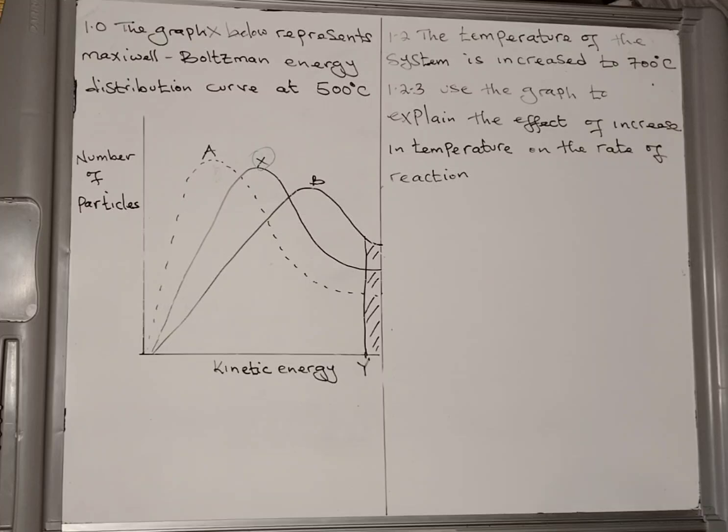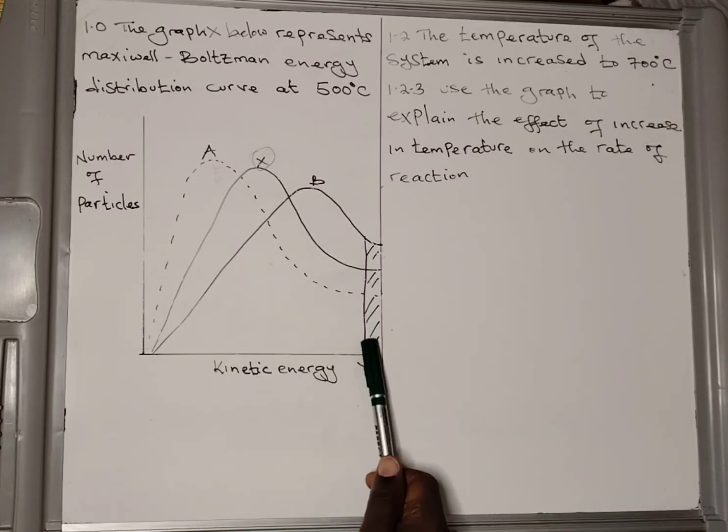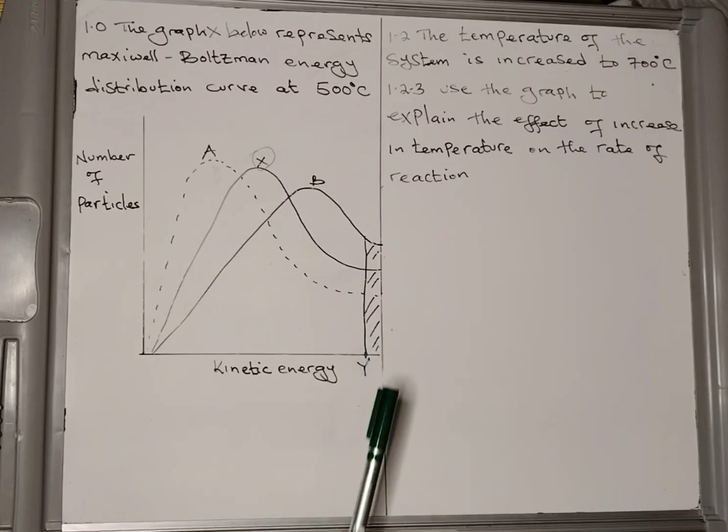That one is going to be the direction we are going to take. Okay, then they say explain. What is the explanation supposed to be? Why, when we increase temperature, does the rate of reaction increase? So that answer lies here. Okay, what do we notice?